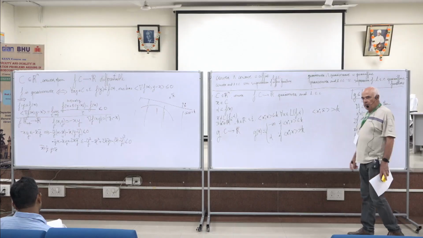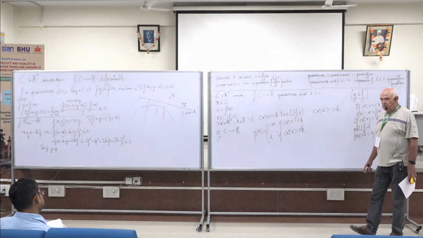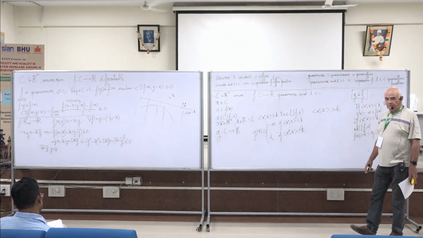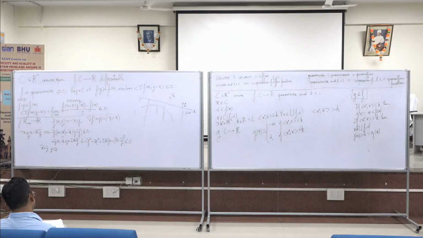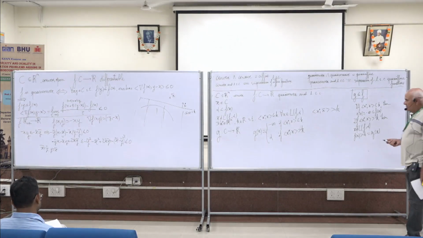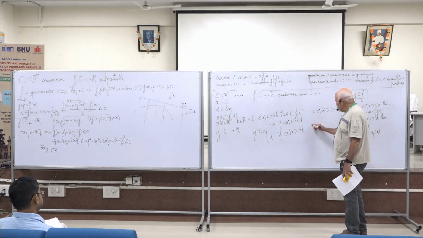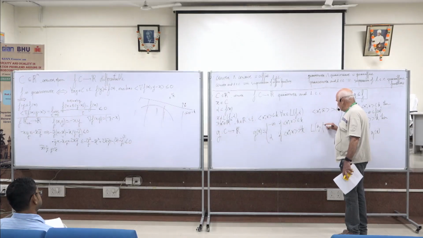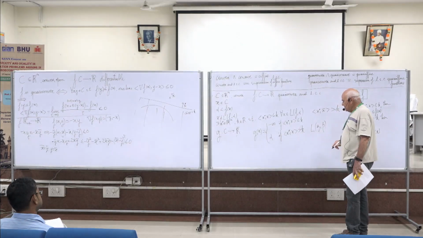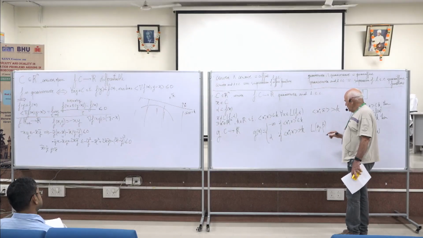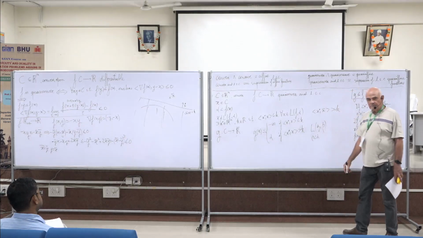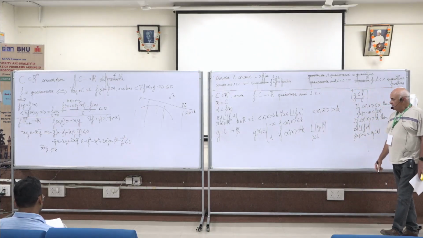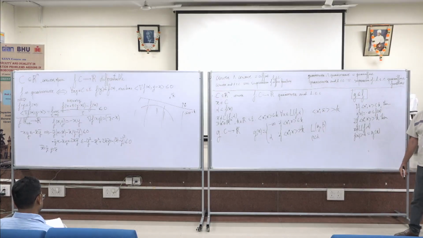Then I also claim that g is quasi-affine, both quasi-convex and quasi-concave. Let's look at the lower level sets, let's say L of g beta, where beta is a level. If beta is smaller than alpha, what is this lower level set?